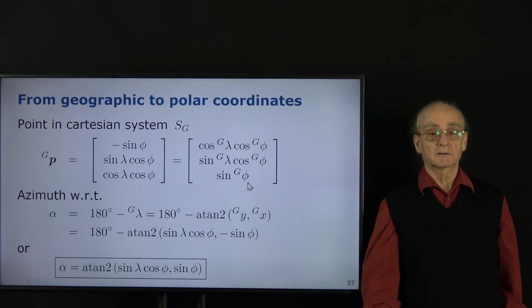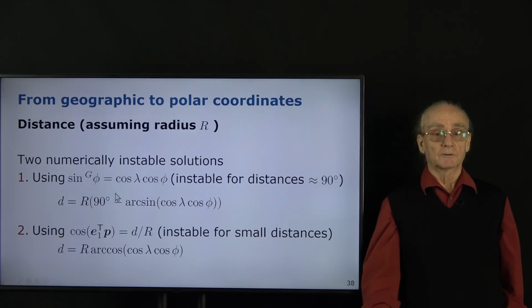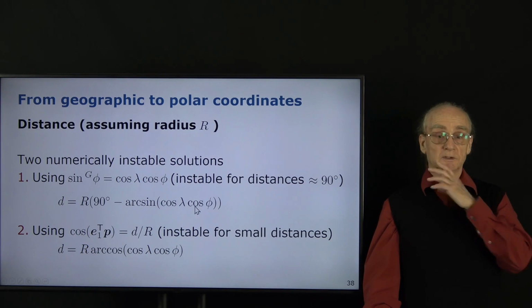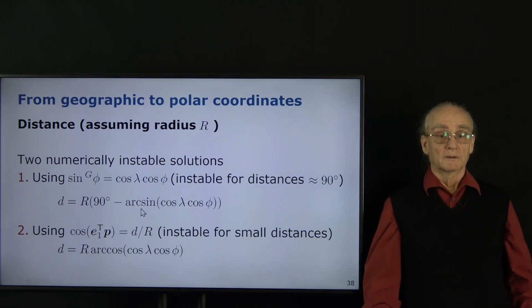So you see here the phi, which we would use, is here. And you have here the sine. That means we could use the arcosine of this expression and get the distance as radius multiplied with 90 minus this angle. This is not very good because it's unstable close to 90 degrees.